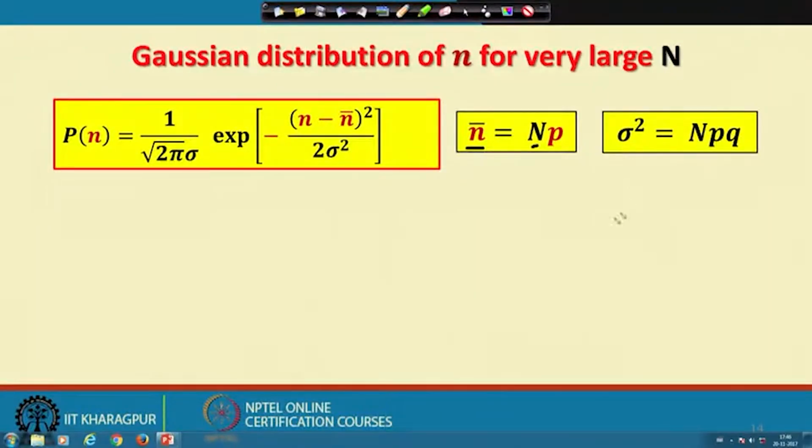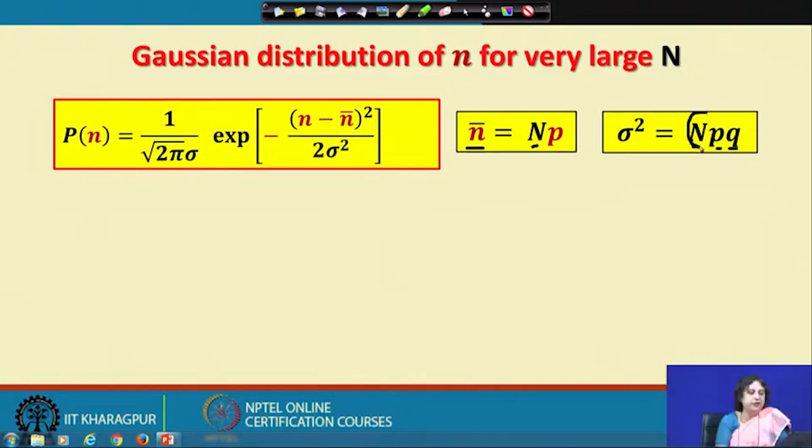Now, look at the possible values of sigma. Sigma squared is capital N into P into Q. P and Q, in the absence of the field, are equal to half, but how big sigma square is, is being dictated by the value of N. So, once again this is a large number.